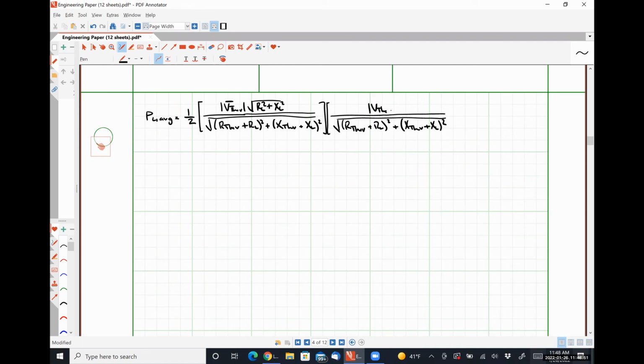My numerator, I just have the magnitude of V Thevenin. And then I substitute in my relationship for the cosine of theta VL minus theta IL.